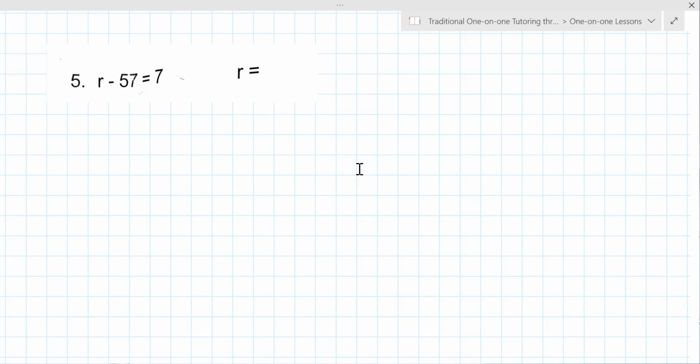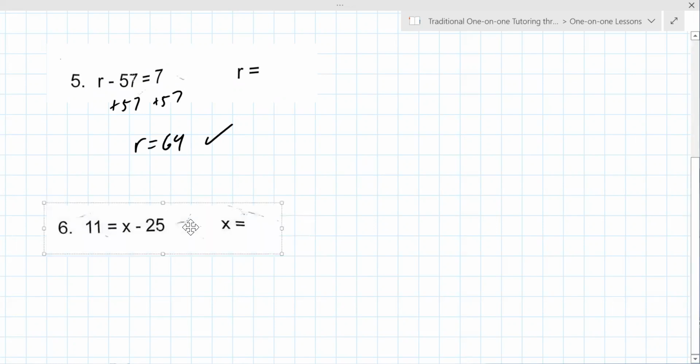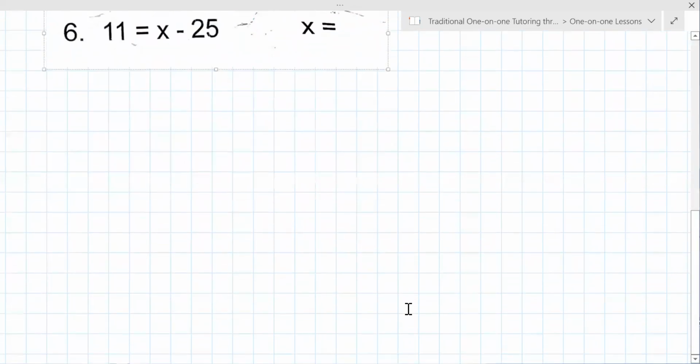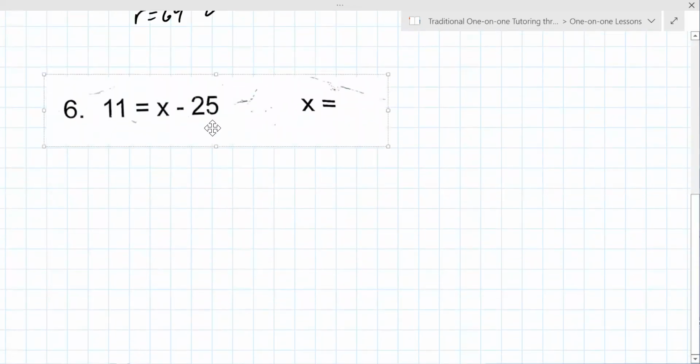Problem number 5 is 64. Yeah, you add 57 to both sides and R equals 64. Perfect. Let's look at number 6 whenever you're ready. 36. Yeah, you add 25 to both sides, X equals 36.